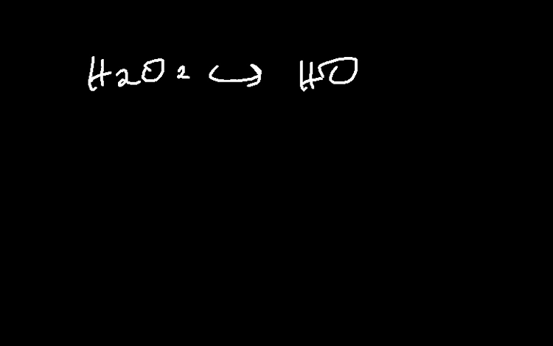For this, let's say we have H2O2. What is the empirical formula for this? We have HO. And let's say we have C6H6. What is the empirical formula? We have CH.